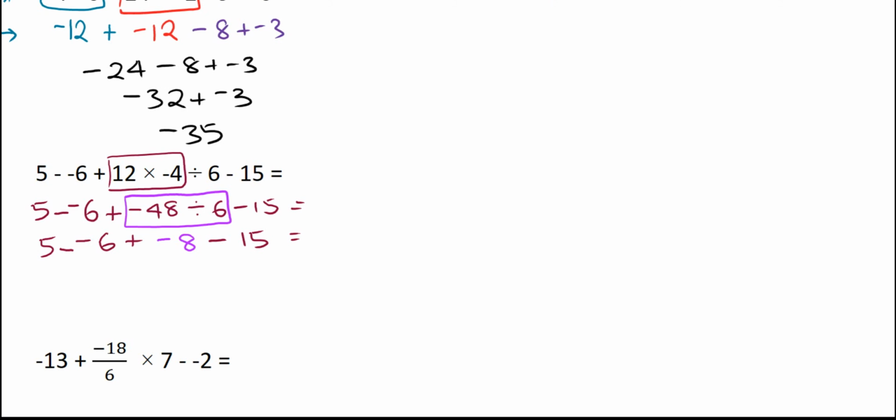So now I'm left with addition and subtraction. So now I can just proceed through from left to right again and do my subtraction and addition. So 5 minus -6, so if I've got 5 minus -6, that's the same as 5 plus 6, so I end up with 11 here. So 11 plus -8 minus 15.